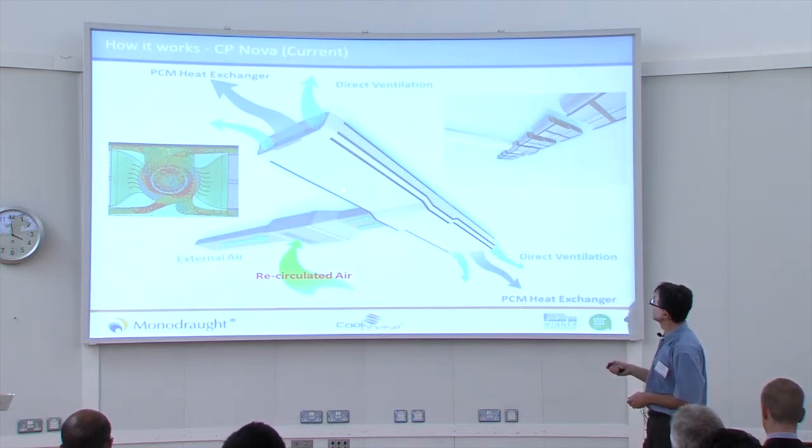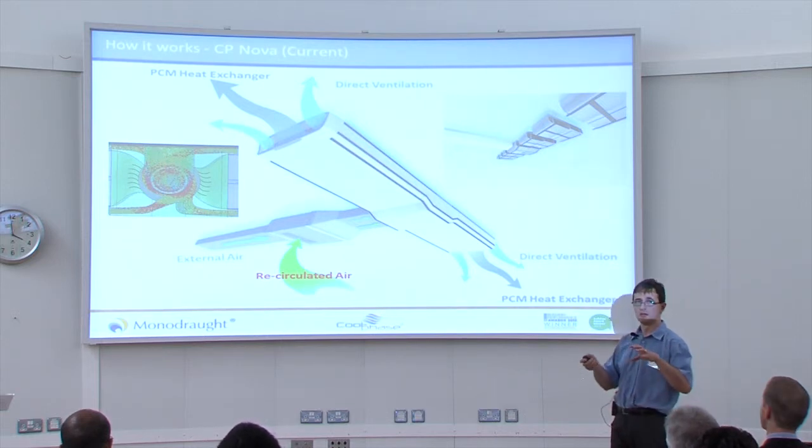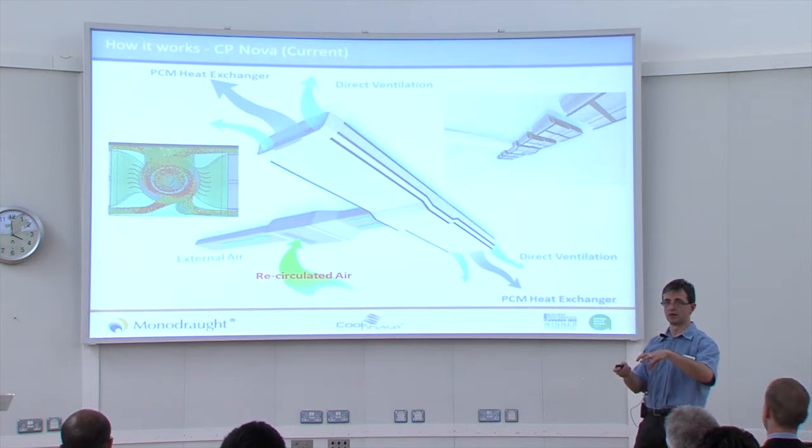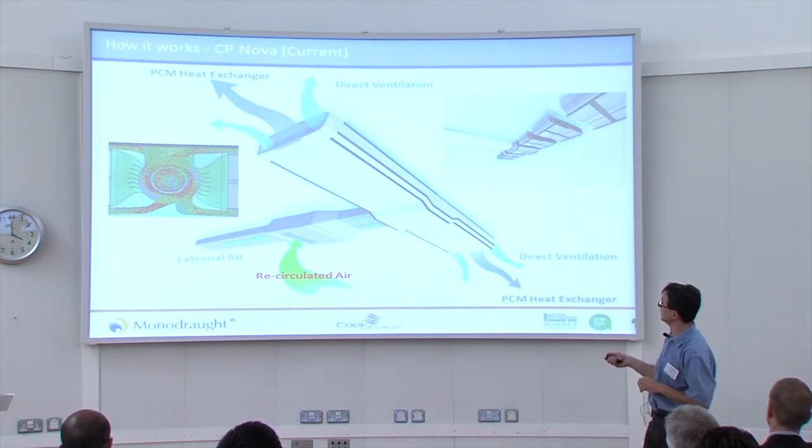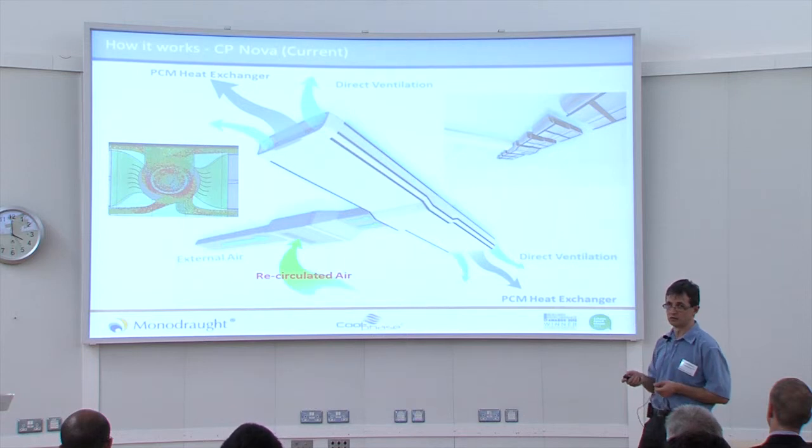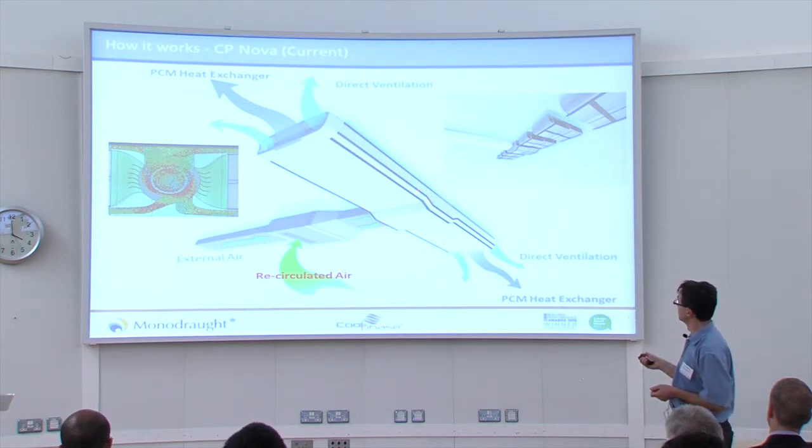And we modified the air handling unit in a way that we have a central rotating part which would divide, in one case, the air to the PCM, or in the other case, as you can see, there are 4 channels inside. And if we want to deliver the air directly to the space, we can use these channels.